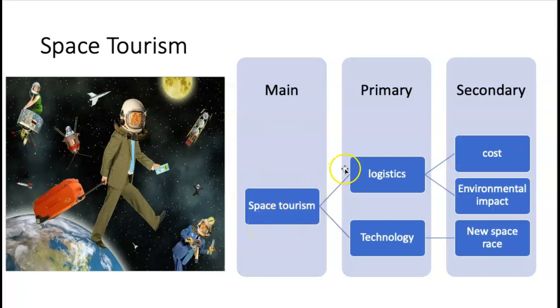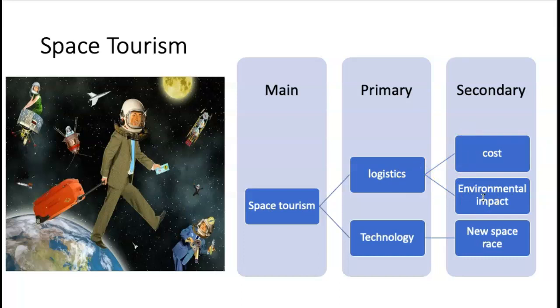And then I draw some branches off it, and I think, well, of primary interest would be things like the logistics and the technology. And of course, I could have many more branches to this diagram, but this is just for simplicity's sake.